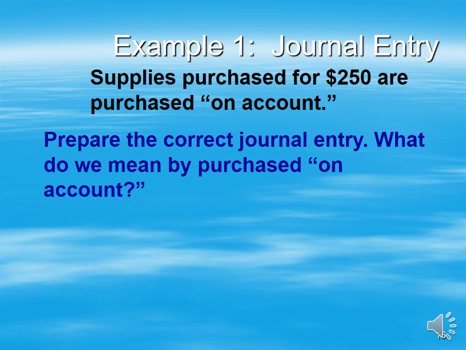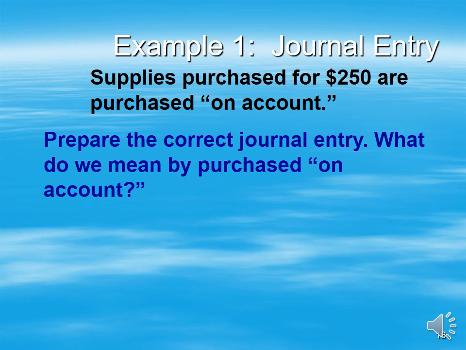The effect is the asset supplies increases by 250, and then the second effect is that the liability, which is account payable, also increases by 250. So asset increases 250 and at the same time liability increases by 250 also.